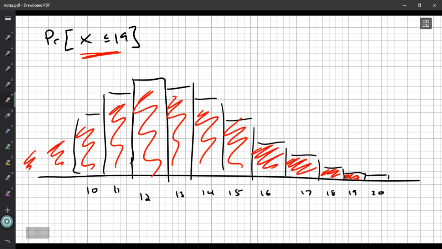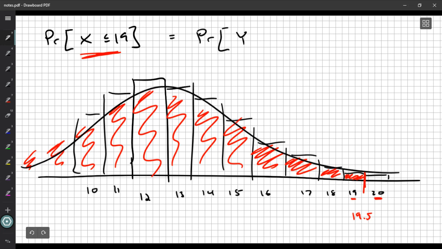Okay? But what we're interested in is, where does the area start and stop being shaded? Well, it stops being shaded halfway between the 19, the last shaded thing, and 20, the first unshaded thing. So 19.5, that's where our area starts and stops, and that's how we can switch to a probability in terms of our normal random variable.